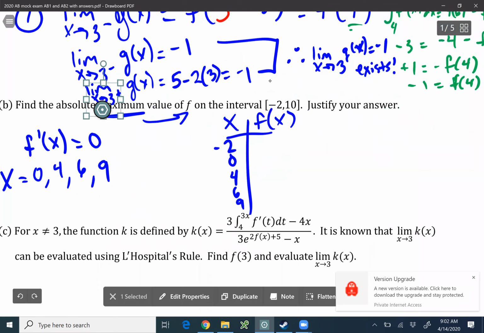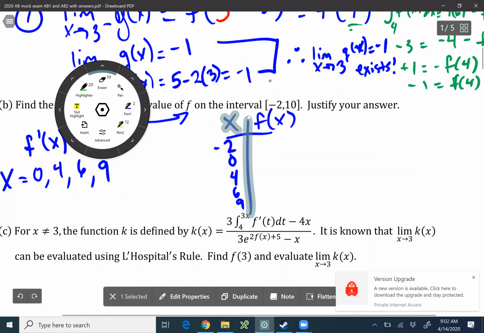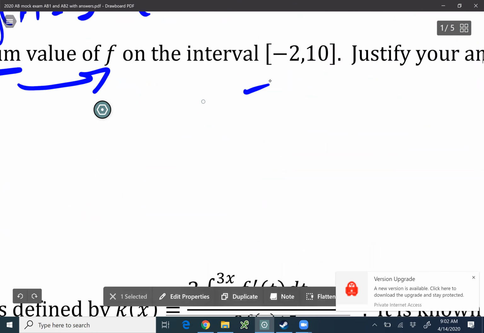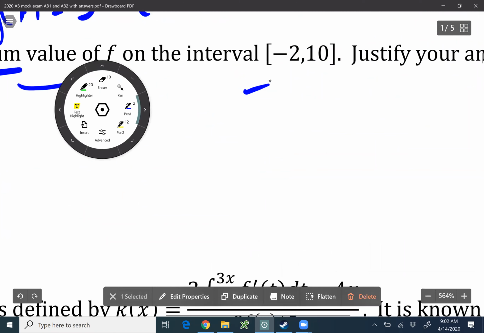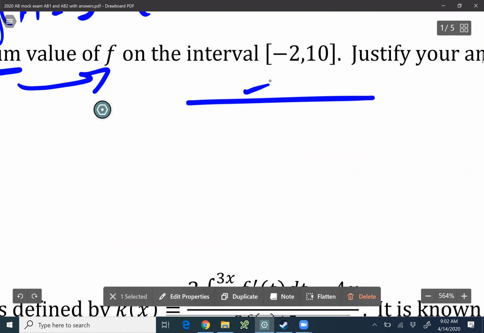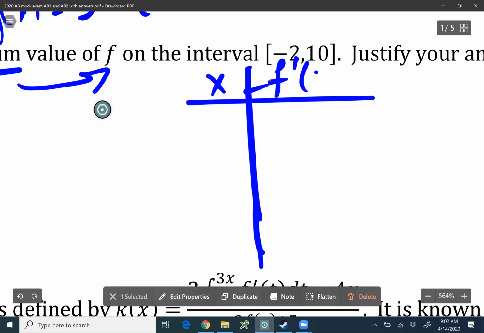Wow, we really don't have enough room on this guy. Okay, so -2, 0, 4, 6, 9, and 10.